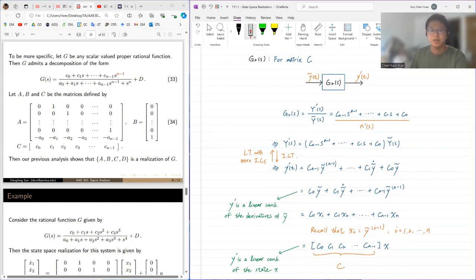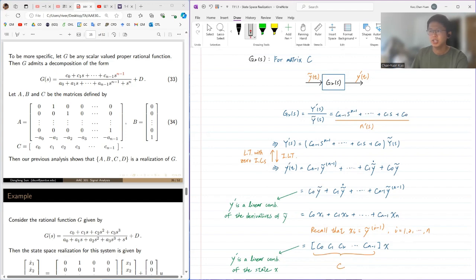Next, by applying inverse Laplace transform on both sides of the equation, we can see that y prime of t is simply a linear combination of the derivatives of y tilde of t. And now recall that each state variable xi is defined as the i-1 derivative of y.